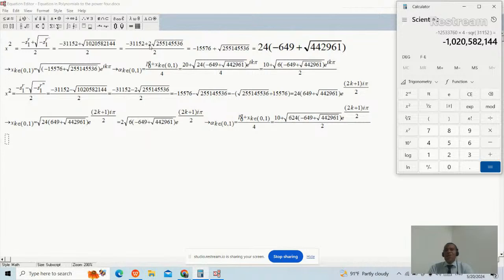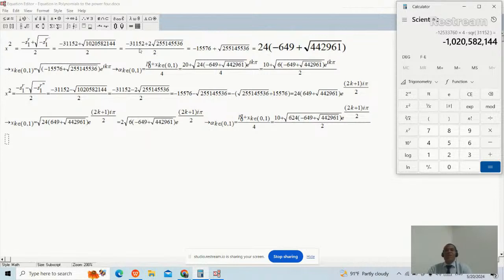Therefore, learners, I will just write 1,020 million 582 144 as the product of two numbers, 4 multiplied by 255 million 145,536, and the 4 here, it will be out of the root, square root will be 2, so that I can simplify by this one.